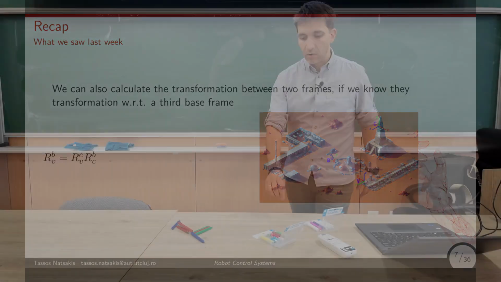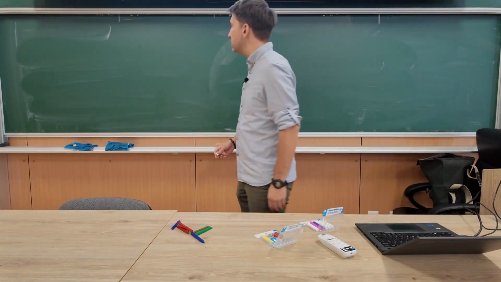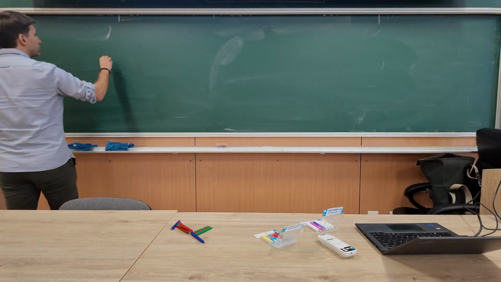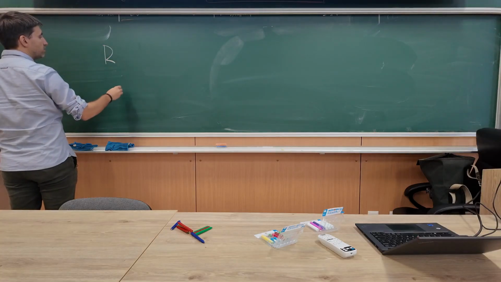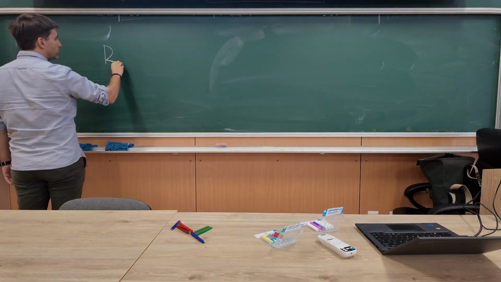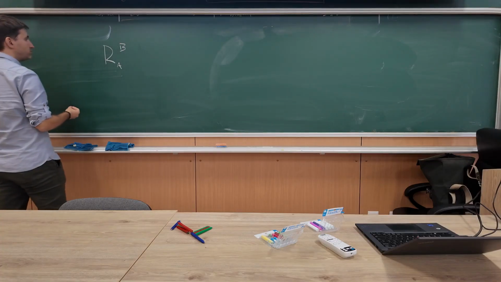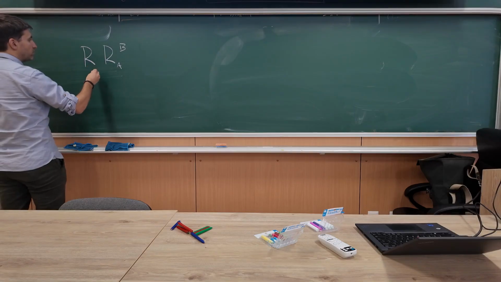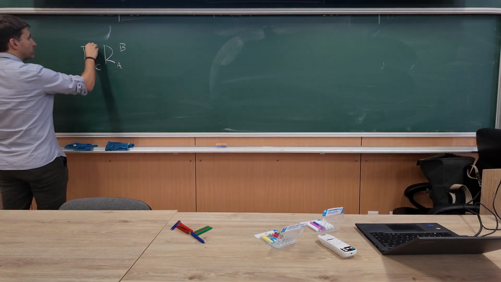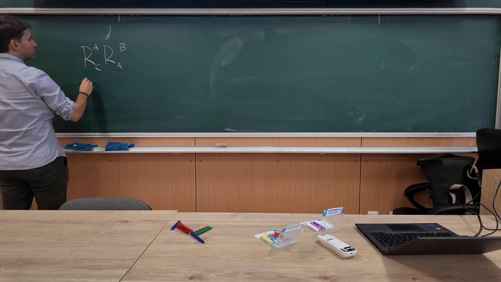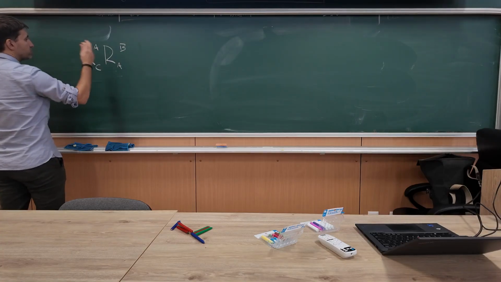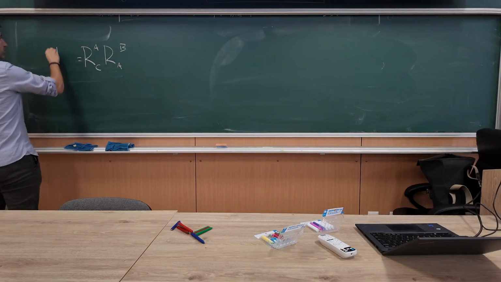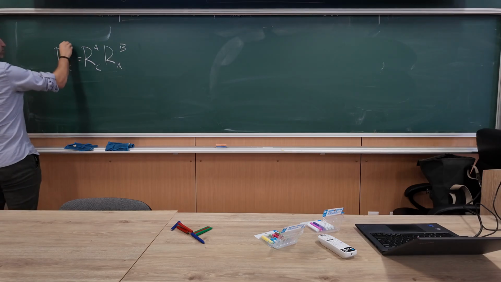A quick mnemonic to remember these things is, okay, if I know the transformation, let's say, from one frame to another, and I know what is the transformation from a third frame to the first one, then I can calculate what is the transformation from the third frame to the second one.